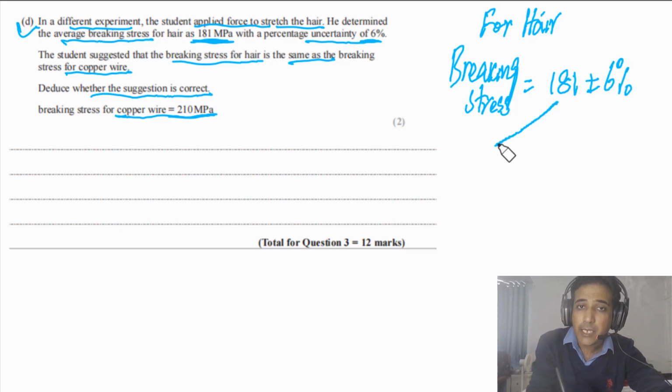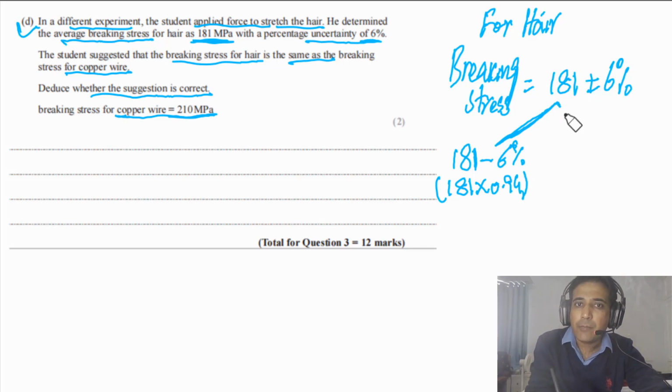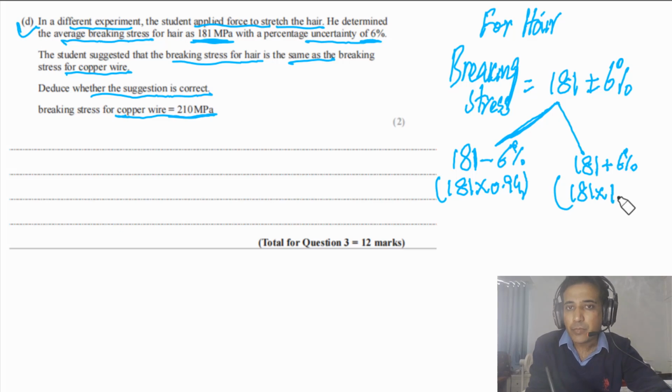It means that the actual value of breaking stress is between 181 minus 6%, which is 181 multiplied by 0.94, and the upper limit, 181 plus 6%, which is 181 multiplied by 1.06.